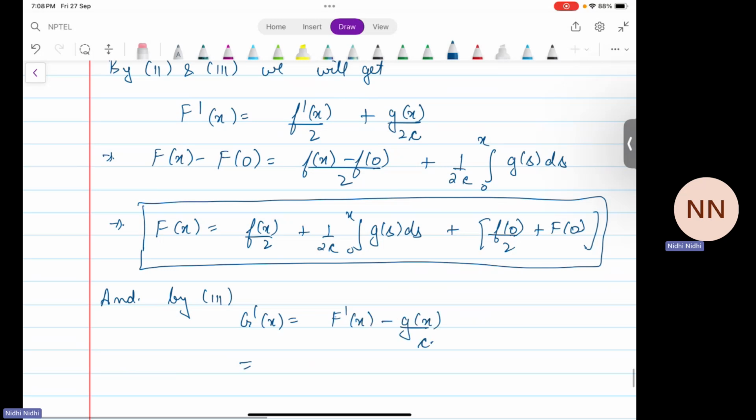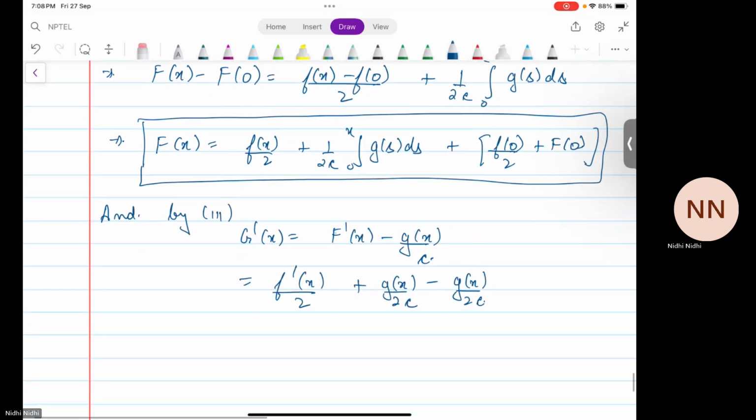Now what is f dash? f dash is f dash x by 2 plus gx by 2c, minus gx by c, which is f dash x by 2 plus gx by 2c.